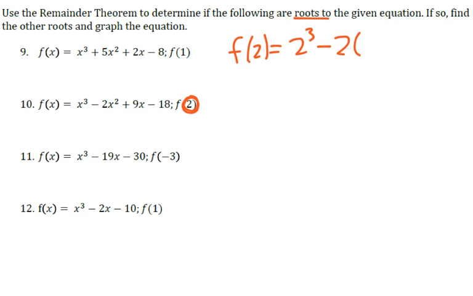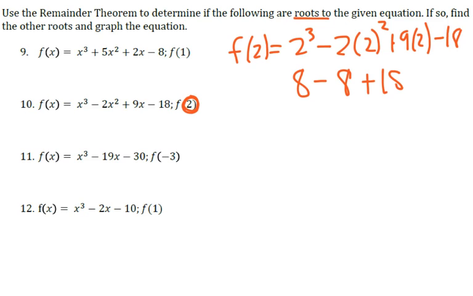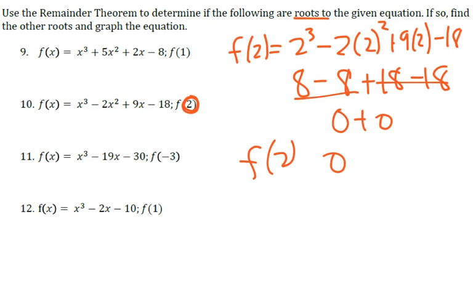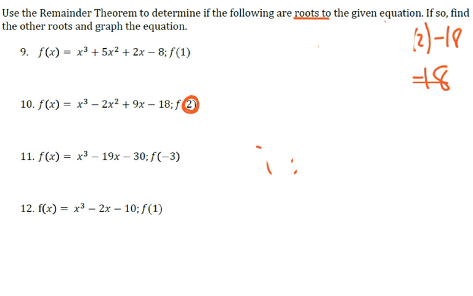If all you had to do was that, then that would be a quicker way to just plug it in and find out what it becomes. 2 squared is 4, times 2 is 8, plus 18 minus 18. Yeah, 0. Okay. So yeah, I know that one's a root, but that doesn't help me find the other factors. That's where the long division becomes more helpful.